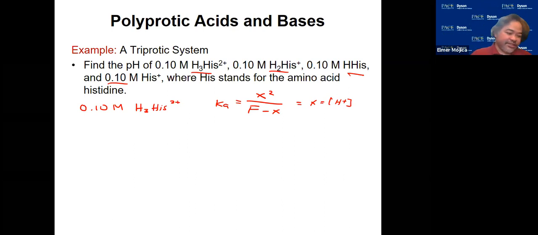Now, how about the others? How are we going to solve the other things that we have here? For this histidine thing, what's the next thing that we can solve here? The last one?